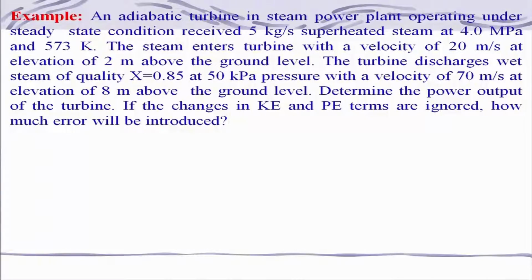The steam enters the turbine with a velocity of 20 meter per second, which is very low, at an elevation of 2 meter above the ground level. The turbine discharges wet steam of quality x equal to 0.5 at 50 kilopascal pressure with a velocity of 70 meter per second at an elevation of 8 meter above the ground level.